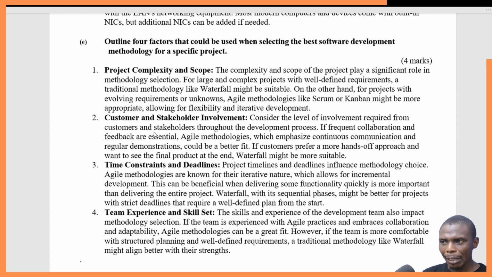You must consider the level of involvement required from the stakeholders throughout the development process. If you need frequent collaboration and feedback, then you could use agile methodology, because it emphasizes continuous communication and regular iterations. But if the customer prefers a more hands-off approach and wants to see the final product at the end, they do not want to be involved, then waterfall could work better.